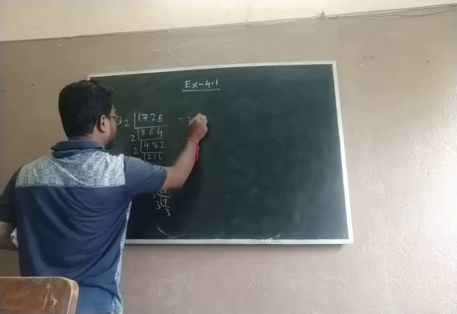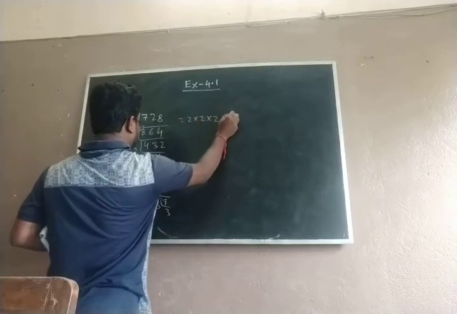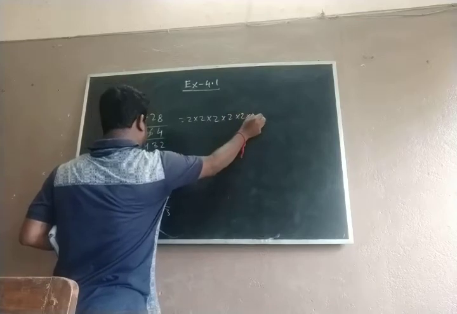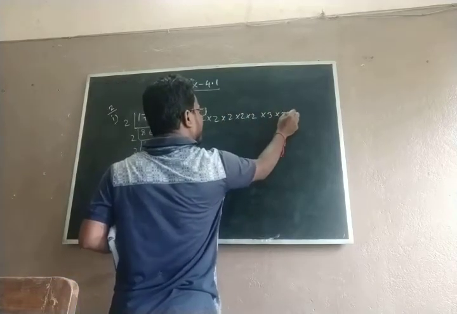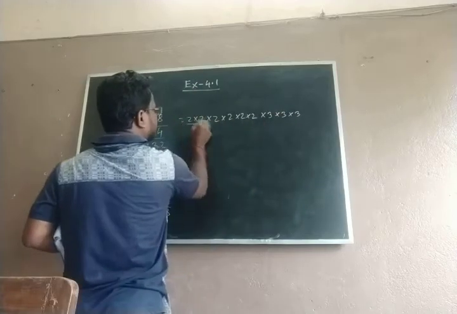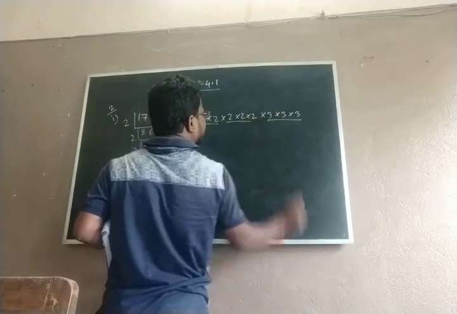Therefore 2 into 2 into 2, 2 into 2 into 2, and then make it a triplet.